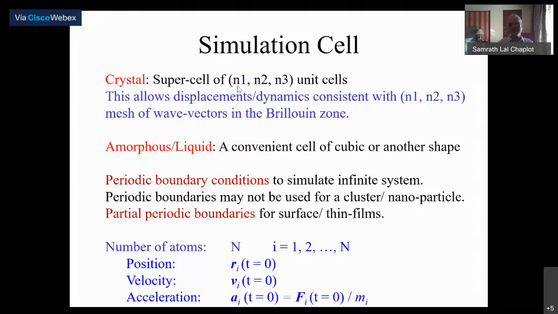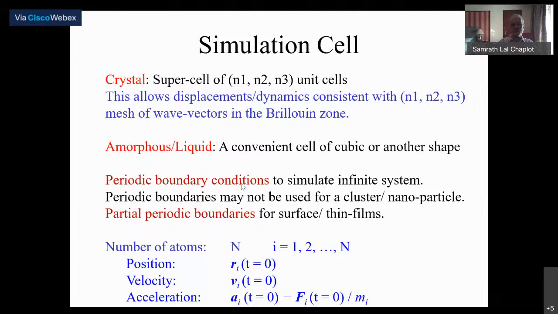So along vector a, after N1 times a distance, the positions would repeat. Similarly, along the b and c directions also. So you apply periodic boundary conditions to simulate infinite systems.